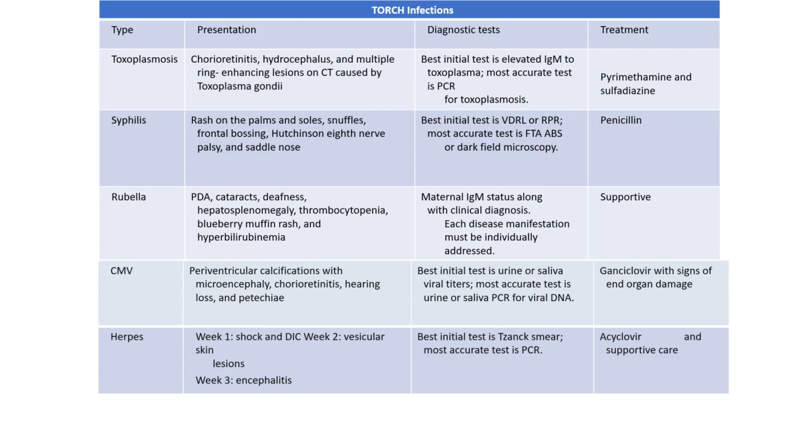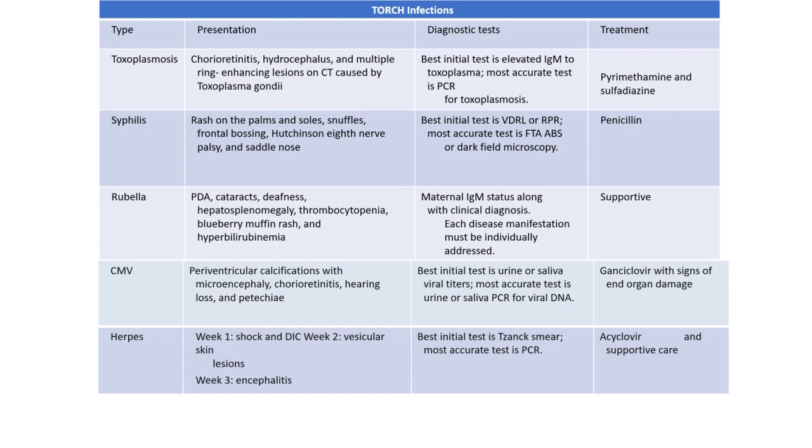The best initial test is elevated IgM to Toxoplasma. The most accurate test is PCR for toxoplasmosis. The treatment is pyrimethamine and sulfadiazine.